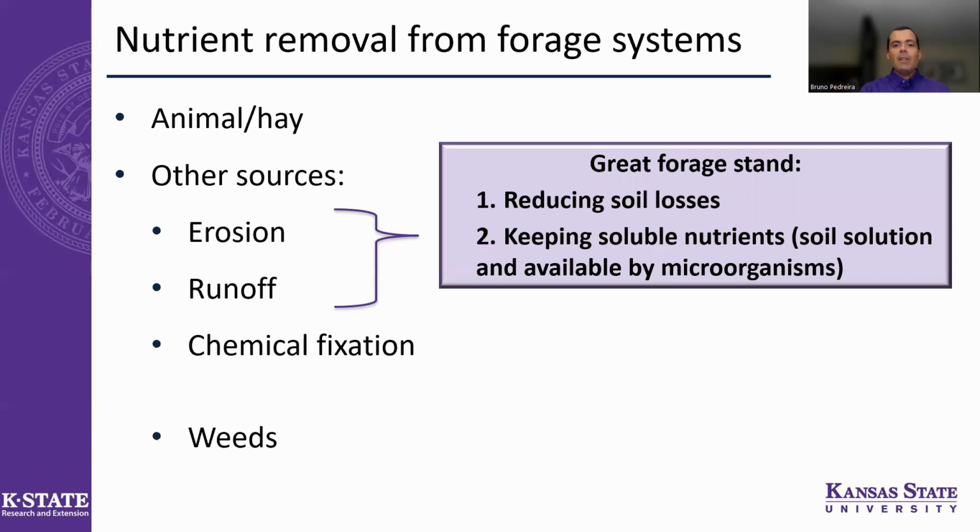Well, if I have a great forage stand, I will reduce soil loss, and I will keep more soluble nutrients in my soil. If I can avoid bare ground, if I can avoid overgrazing or over-harvesting and respect the stubble heights so as not to have bare soil there, all of it will be controlled as well.